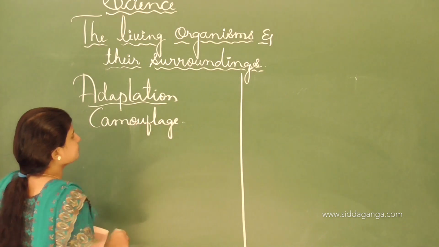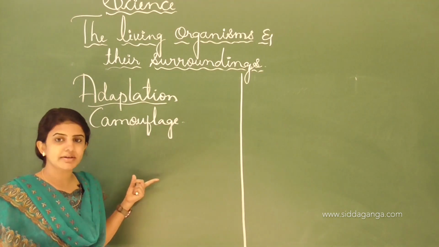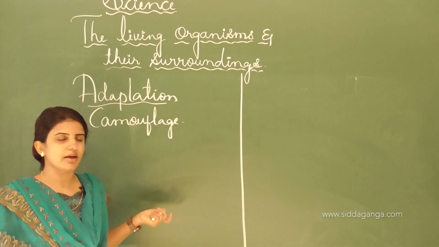Camouflage is a type of adaptation where the color of the organism changes to hide from predators or from the enemy.